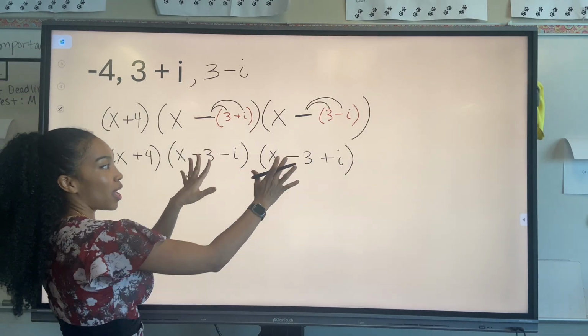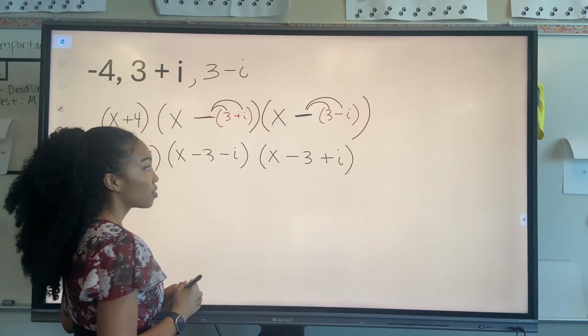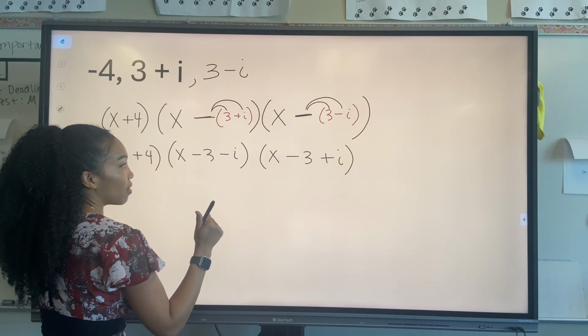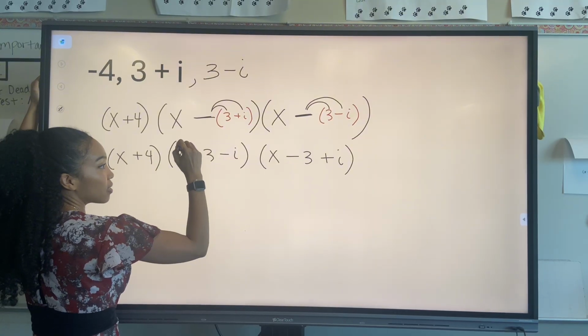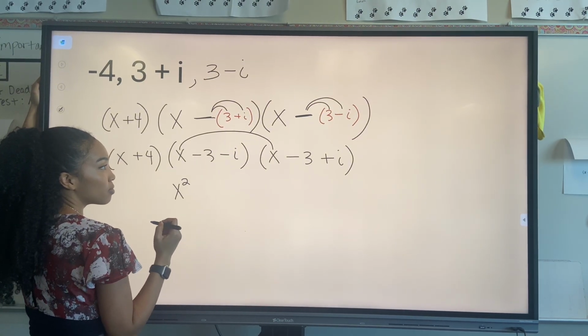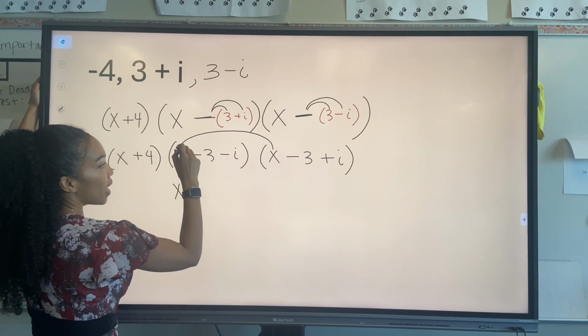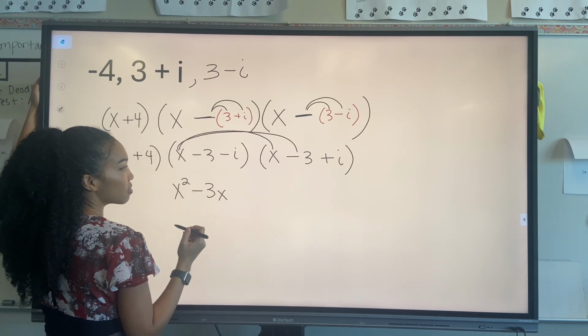I like to multiply whichever factor has an i first, because lots of things will cancel out. All right, guys, follow along, write this down. X times x is x squared. X times negative 3 is negative 3x.